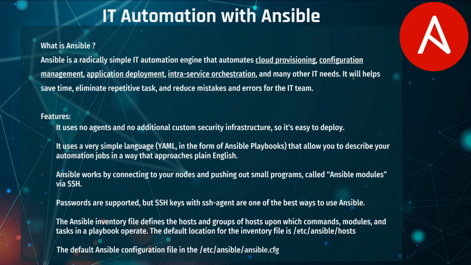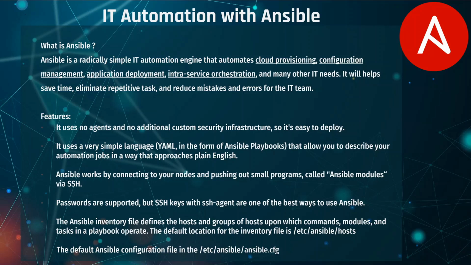However, it's recommended to use SSH keys, which, as we know, are public and private keys with SSH agents. In this tutorial, I'm going to go with a password just for demonstration in a lab environment.